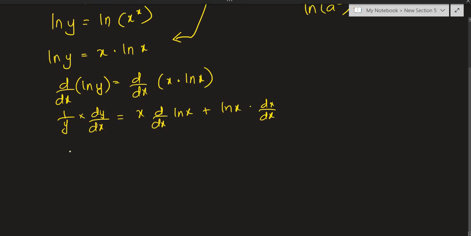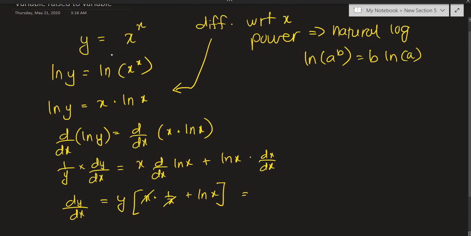So now we have dy over dx being equal to y times x times the derivative of natural log of x, which is 1 over x, plus the derivative of x, which is 1, so you just have a natural log here. These x's are going to cancel out. And what's y actually? Y is just the original function that we started with, right?